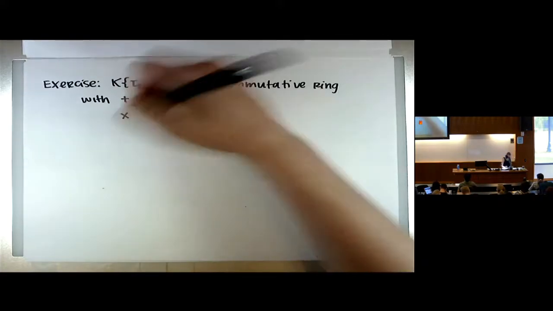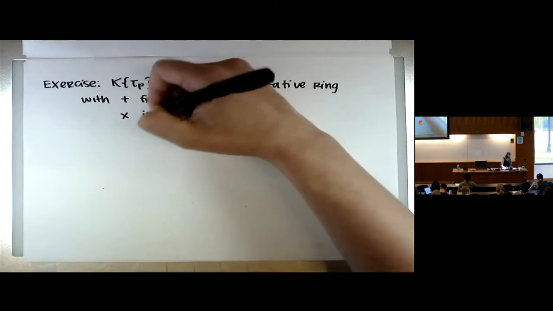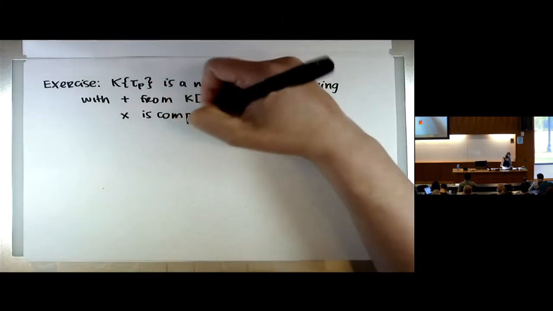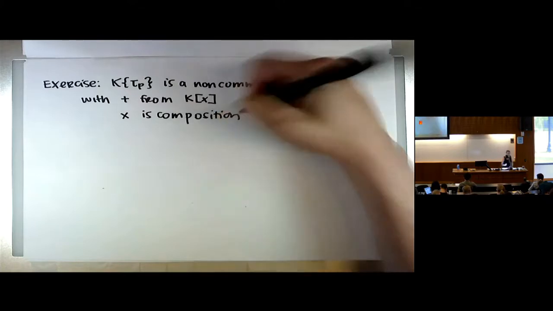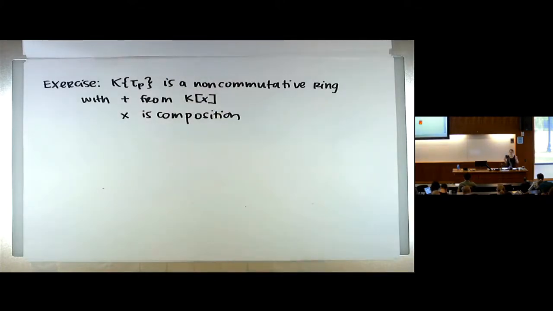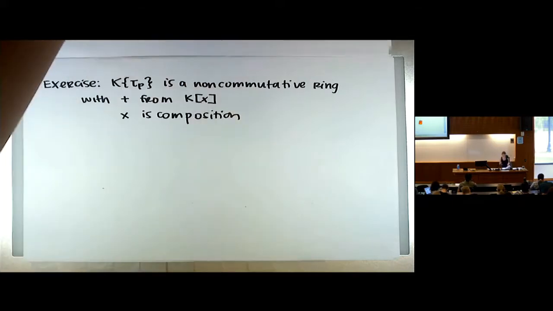But the multiplication in that ring is composition of polynomials. So I'm not multiplying the polynomials like normal. I'm plugging one polynomial into the other.